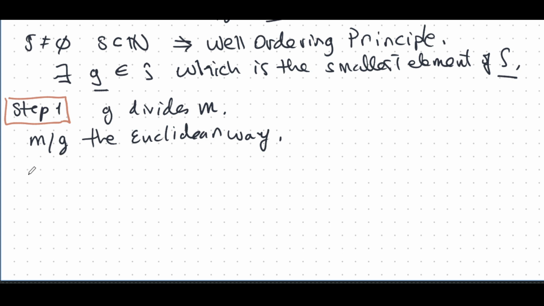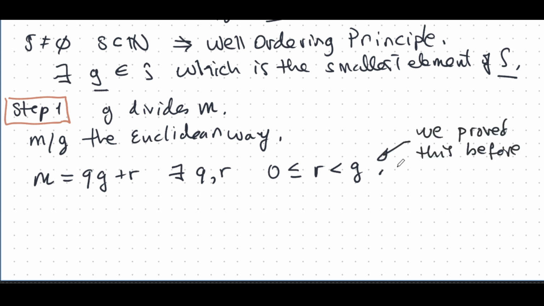By the Euclidean division theorem that we proved before, there exist Q and R such that M equals QG plus R, with the condition 0 is less than or equal to R, and R is strictly less than G. We proved that this is always true for positive G, and that's the case here because all GCDs are natural numbers.